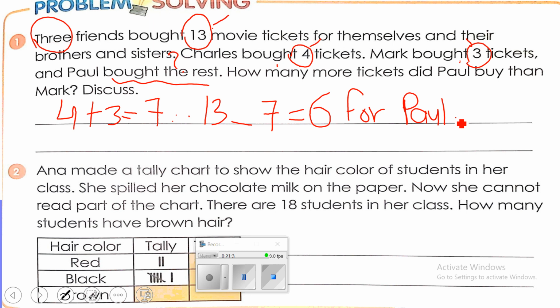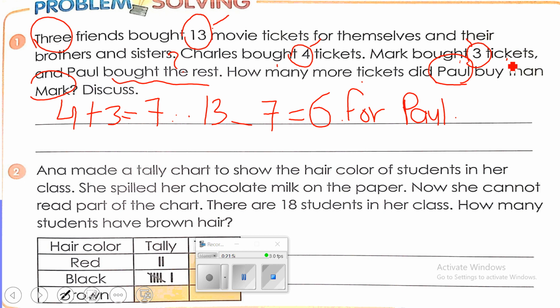Now, let's continue the problem. How many more tickets did Paul buy than Mark? So we want to compare between Paul and Mark. Paul is 6, and Mark is 3. So how many more? Subtraction.